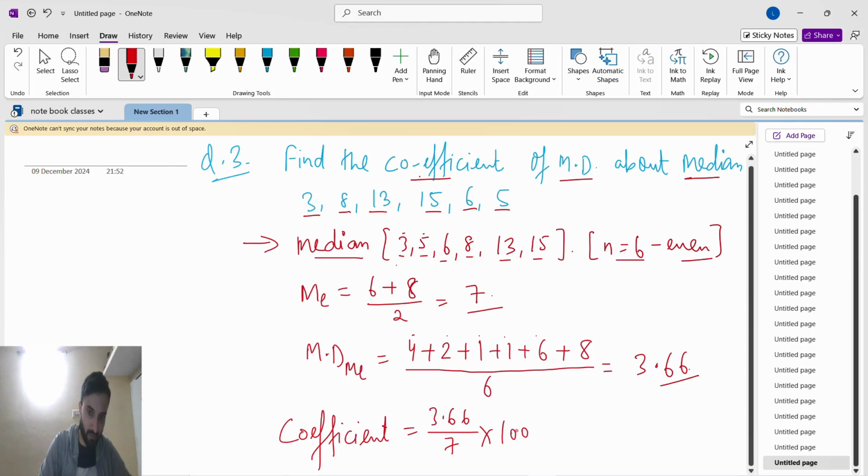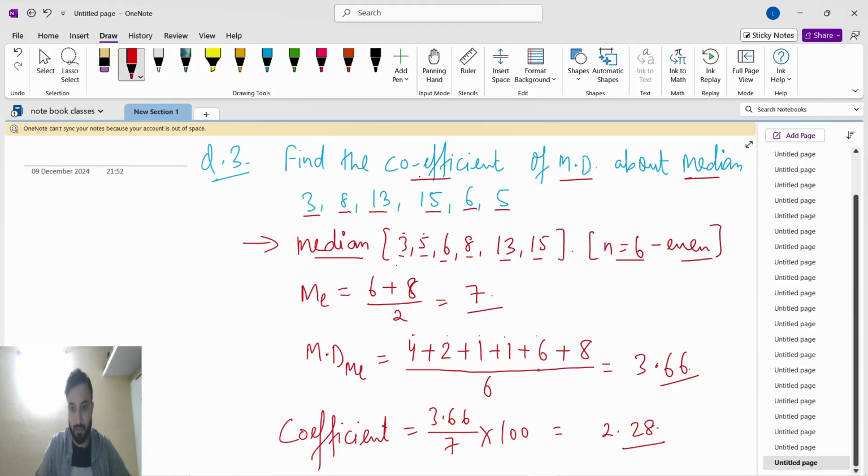So 3.66 divided by 7, whatever we are getting, into 100. 52.28 percent. Okay. 52.28 is the correct answer.